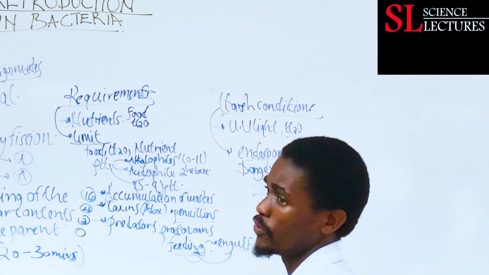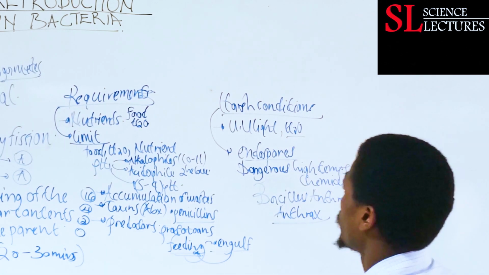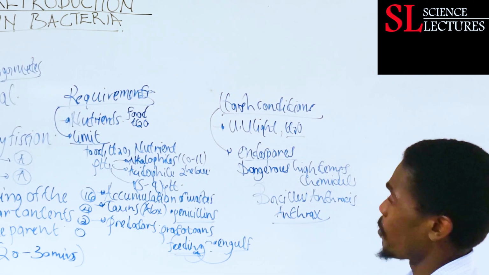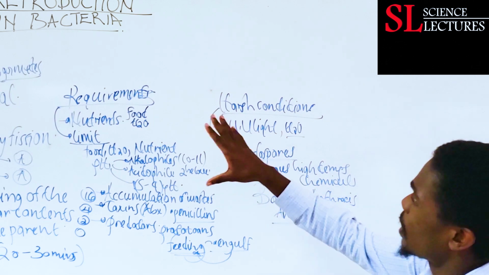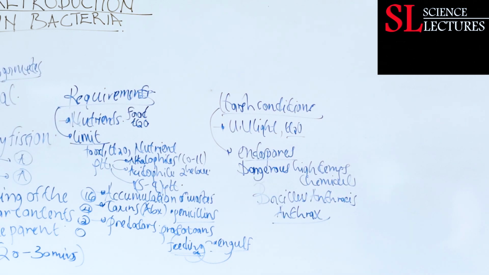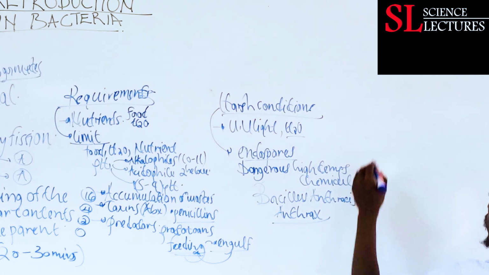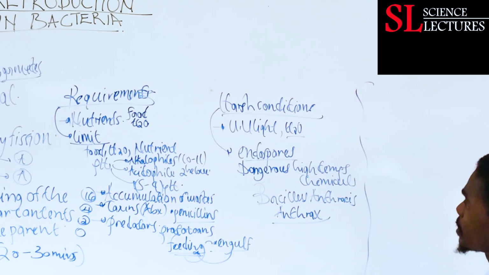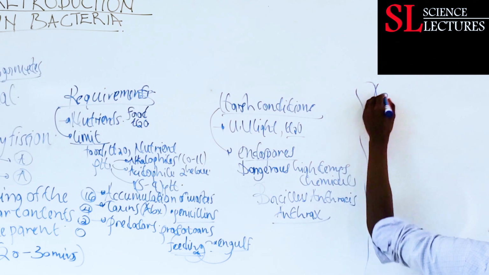Some of the hints we need to know when we are looking at reproduction in bacteria. So basically, we have covered binary fission. However, we also need to look at genetic recombination in bacteria.